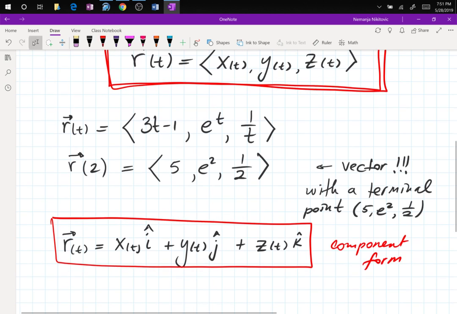Every time you compute a vector valued function, you will get a vector whose terminal point is the point where the object is, where the bug is, where the bird is, whatever you are tracing in space.